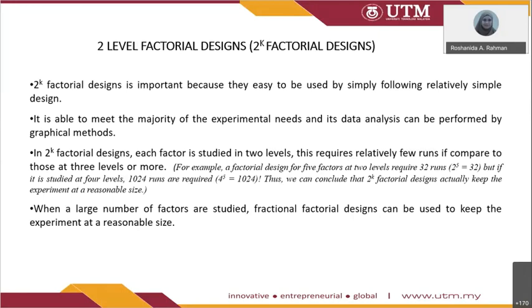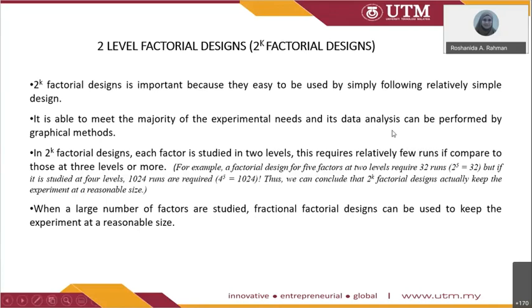I can explain what is 2-level factorial design, but I already mentioned it in previous slides because the examples and the flow of the studies actually involve this design. So why is 2-level factorial design a very easy, simple method to use? Because it only involves 2 levels, low and high. Okay, low and high. So the number of experiments will reduce tremendously.